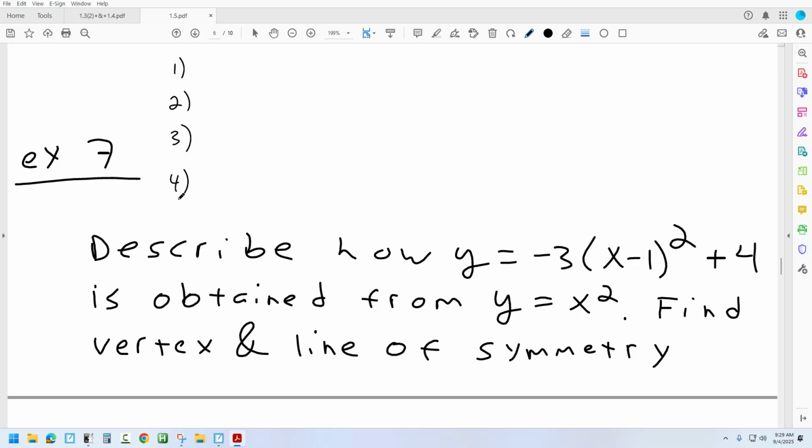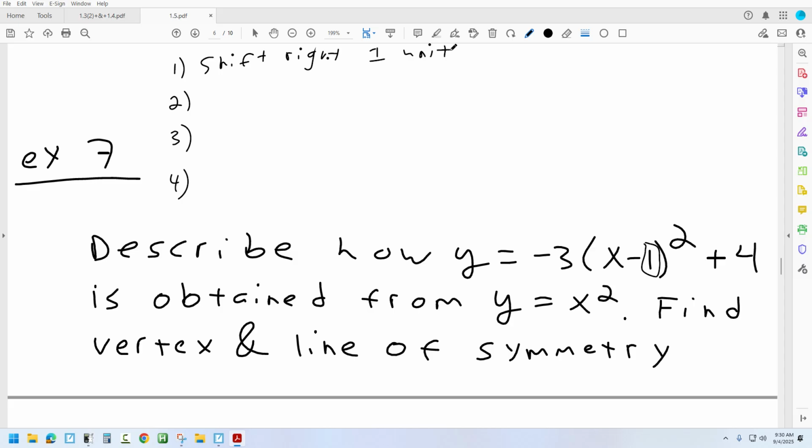It's negative, so it would be to the left. Nope, when the number comes after the minus sign right here, that tells you it's going to shift to the right. Okay, so when it's x minus 1, that's going to shift to the right 1 unit. Shift right 1 unit. Okay, so there's your first transformation.